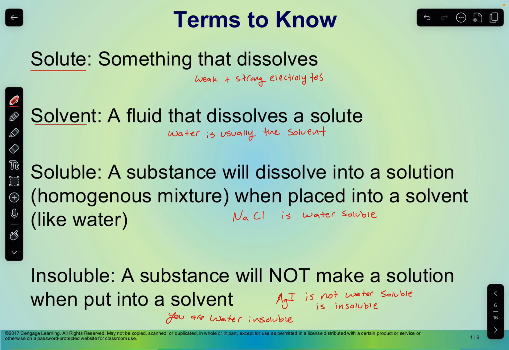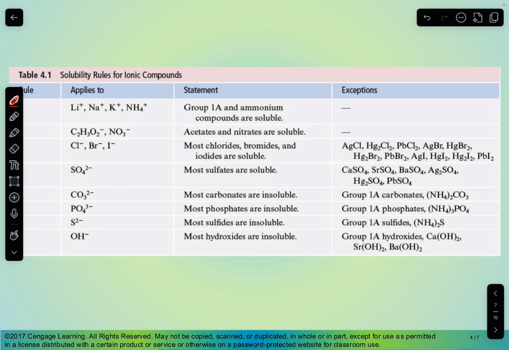So I do know that since you did not dissolve in that water and become part of that solution, you are not water soluble. You are water insoluble. However, sugar, C6H12O6, is water soluble. So just because it is not a strong electrolyte does not make it insoluble. It is a soluble species.